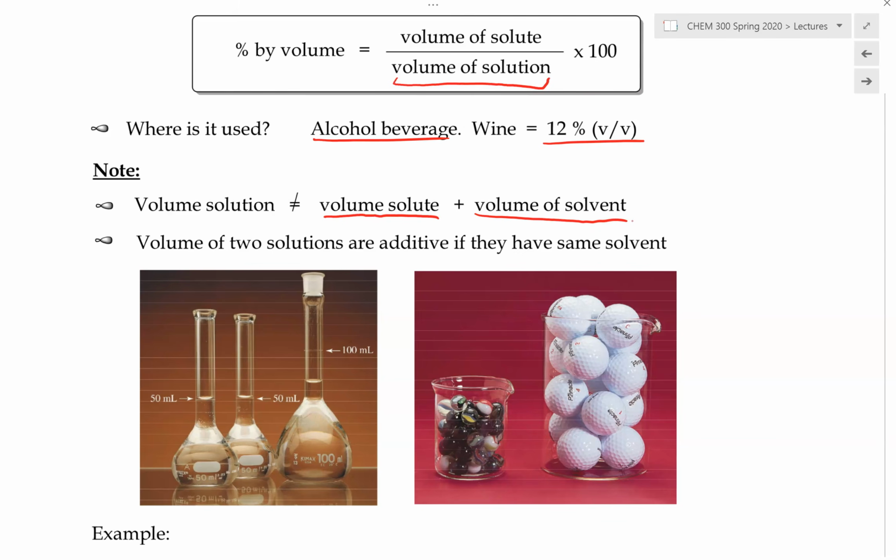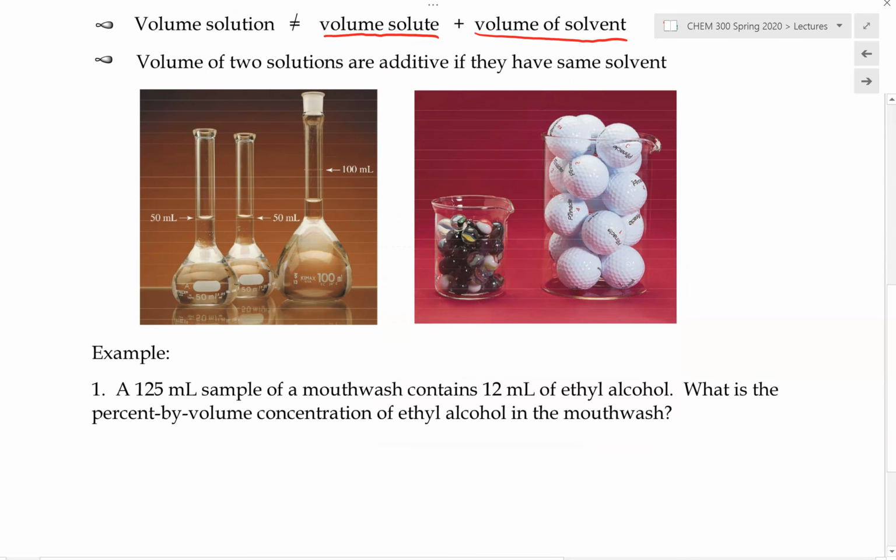And so the explanation is as follows. Let's say here we have 50 milliliters of one substance A. And now we combine that with another substance B, also 50 milliliters. So when we combine A and B together, these two different substances, we would expect the volume to be 100, right? So this is the mark here for 100 milliliters.